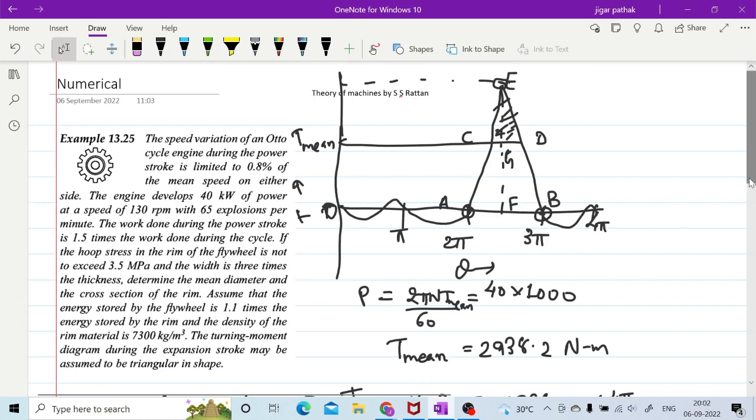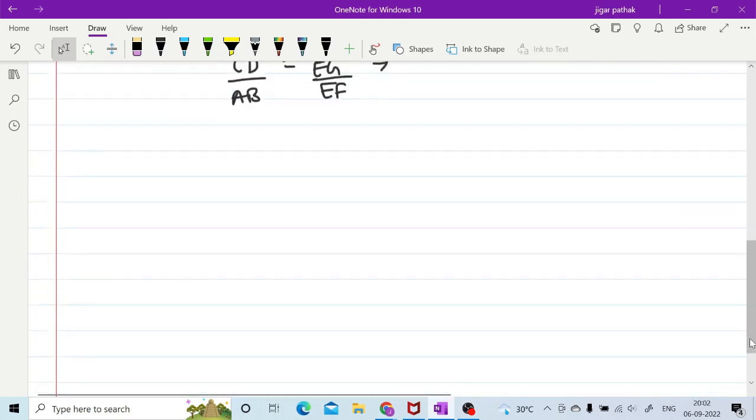Once you write like this, your EG and EF are with you, so you can find this CD. AB is pi, you have the maximum torque and the mean torque, so all the data is with you.